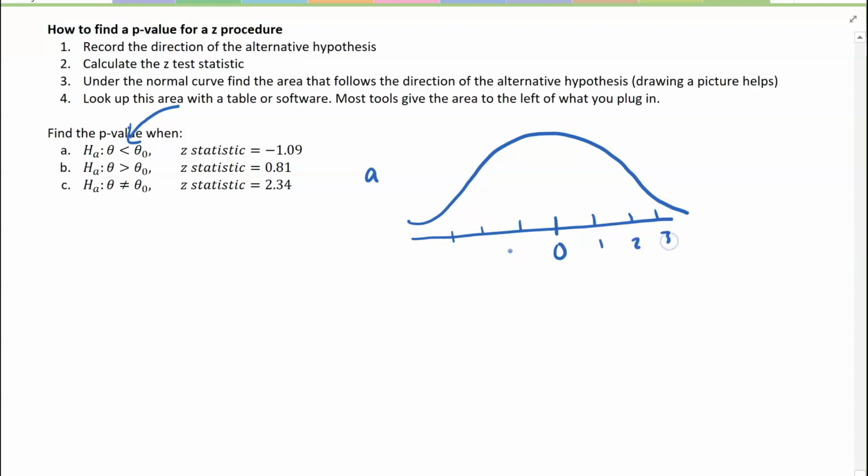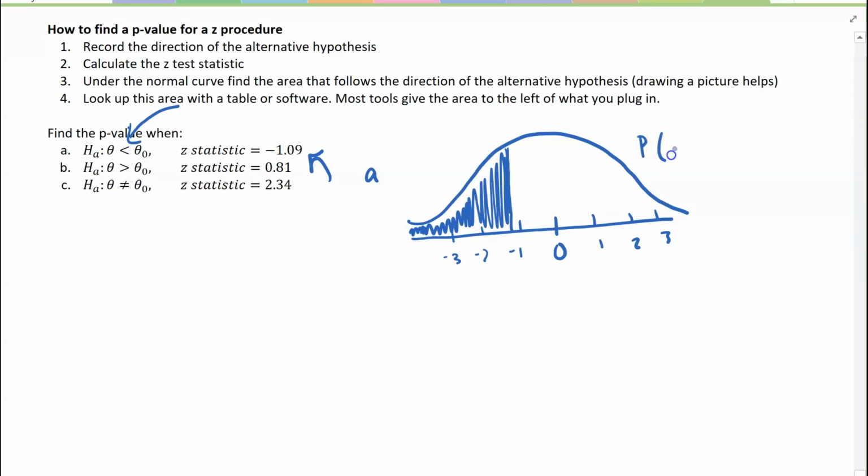So if we write these in, these are just places so we can figure out where our test statistic falls, which in this example, our z test statistic is negative 1.09. So that's going to be about right here, a little less than negative 1. And because we're doing a less than alternative, we're going to find the area that is less than negative 1.09 in our standard normal distribution.